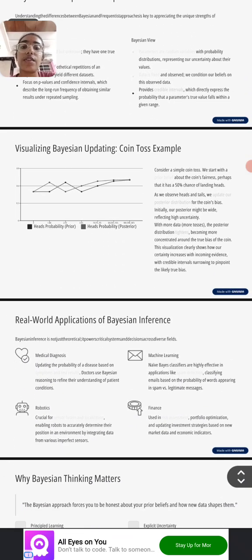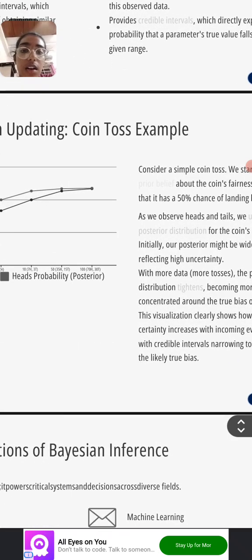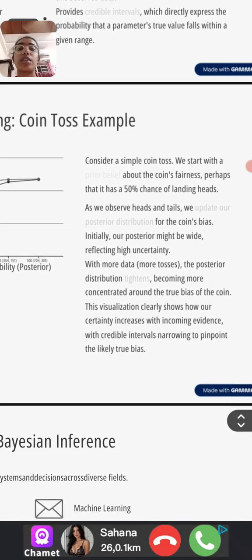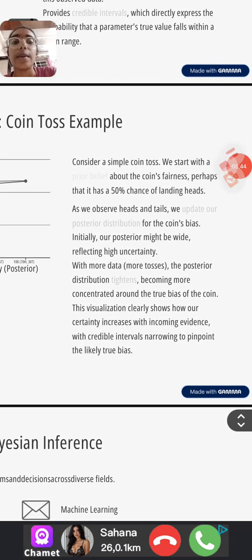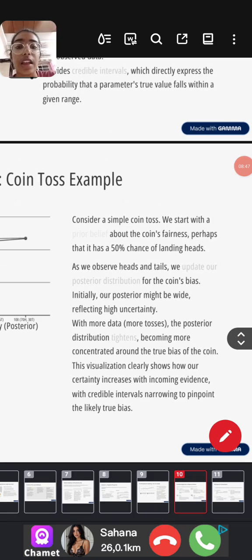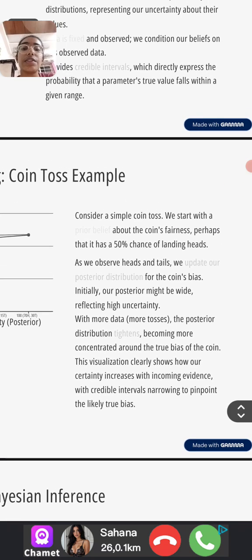Visualizing Bayesian updating: coin toss example. Consider a simple coin toss. We start with a prior belief about the coin's fairness, perhaps that it has a 50% chance of landing heads. As we observe heads and tails, we update our posterior distribution for the coin's bias. Initially, our posterior might be wide, reflecting high uncertainty.